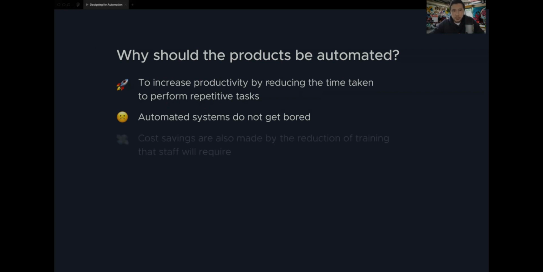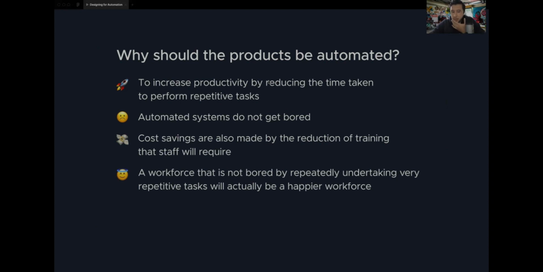The next one is cost savings, also made by the reduction of training that staff will require. Historically, it could have taken a long time to train staff to do even the most repetitive of tasks. And a workforce that is not bored by repeatedly undertaking very repetitive tasks will actually be a happier workforce.